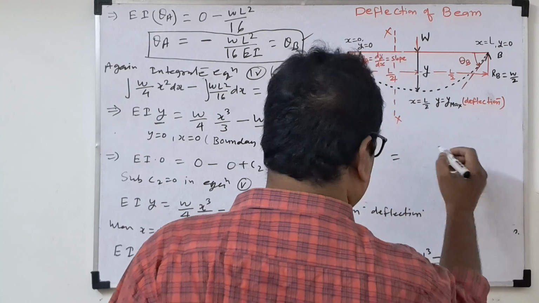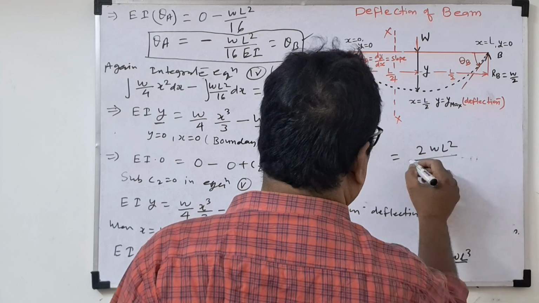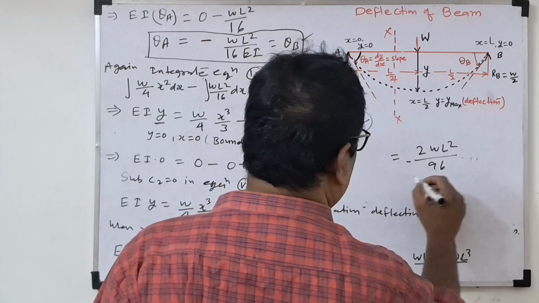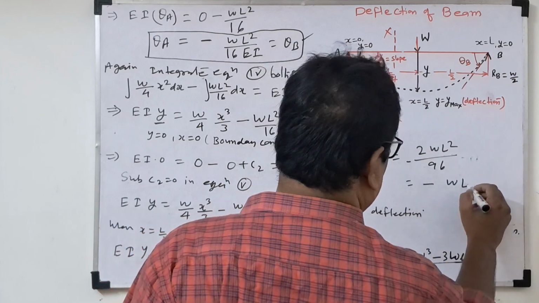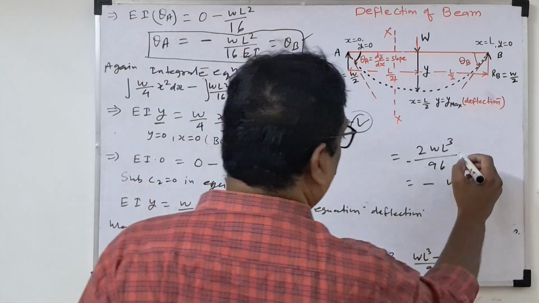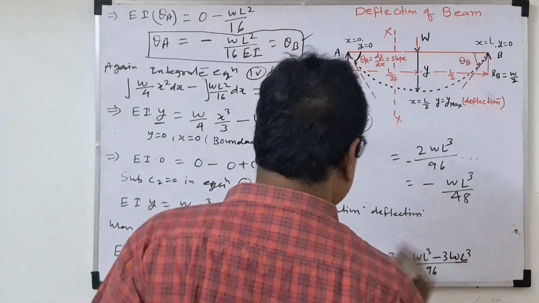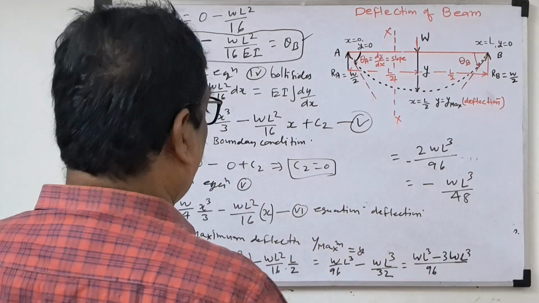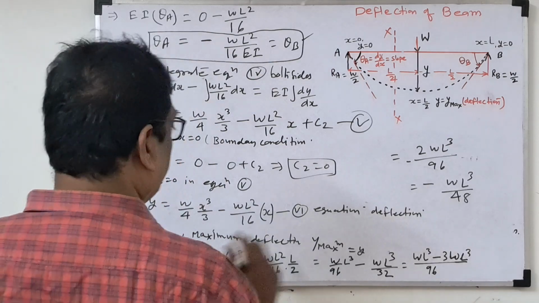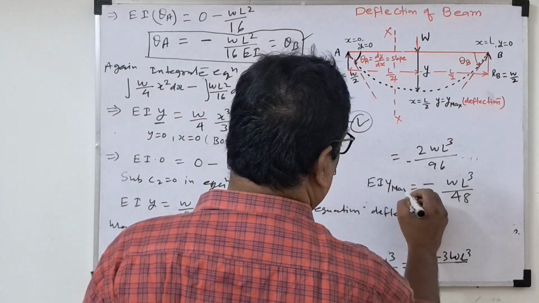So finally what will come? 2WL cube by 96, and this will come negative because 3 is the more value. So minus WL cube by 2 into 2 is 48. So WL cube by 48 is what we got here, equal to EI y maximum.